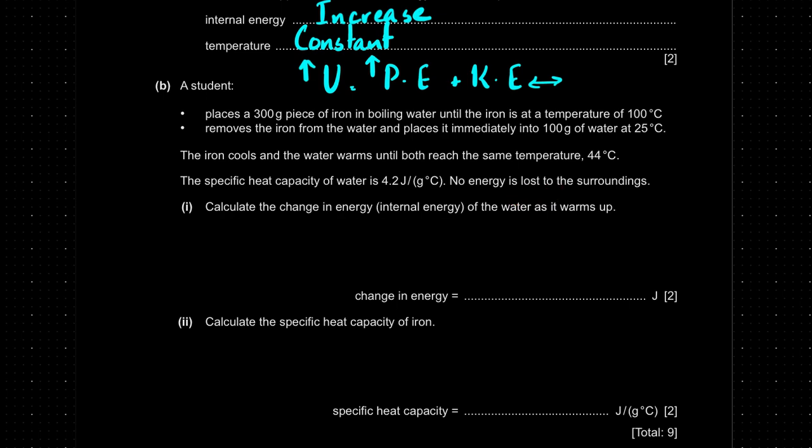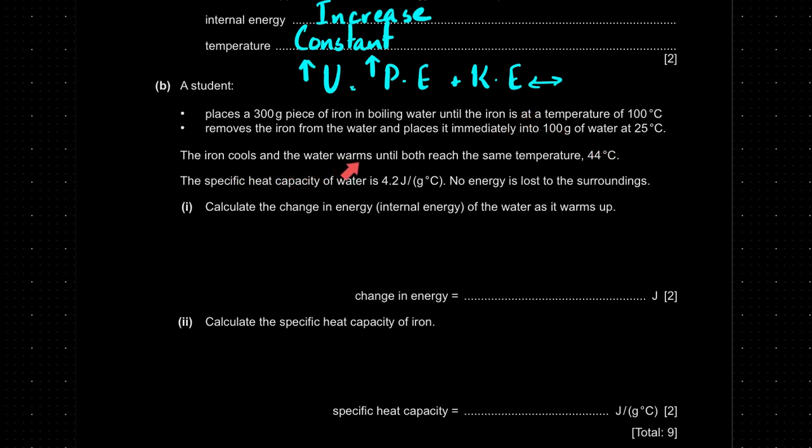Now there have also been questions of this type in MCQs without any hint whatsoever. But in this one, the examiner is much nicer to you, because he gives you two parts, basically building you up to the strength that you can actually find what he wants out. The idea is that when the iron is placed into something of a lower temperature, obviously the iron will cool and the water will warm.